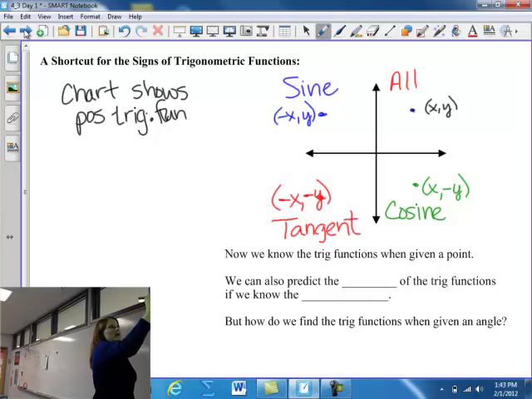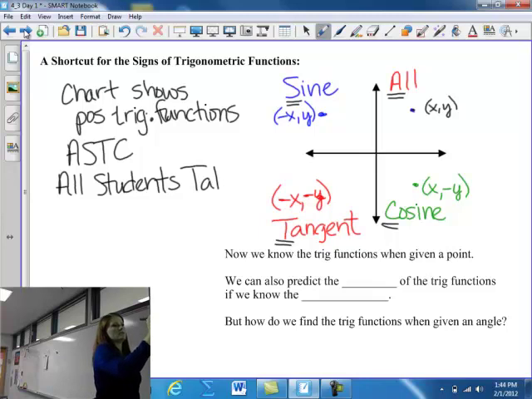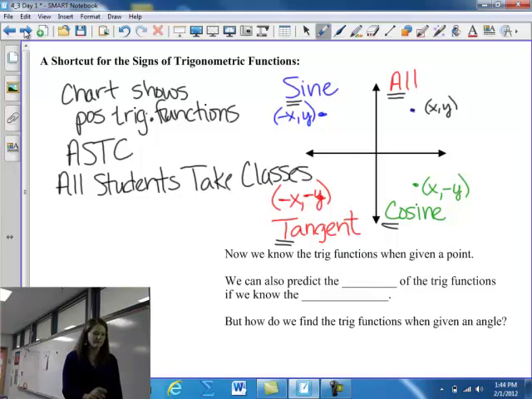So, shortcut to remember, we've got an A in the first quadrant, an S in the second, a T, and a C. So you might remember that as ASTC. You might remember that as all students. Now, the book does take calculus. But since I have the pen and I am not the calculus teacher, I think that all students take classes. I'm also a little bit biased because I never took calculus in high school. Shh, don't talk. Okay, so that's where they're positive.